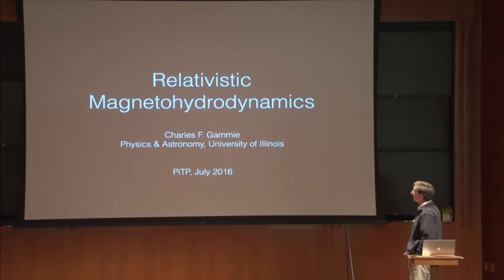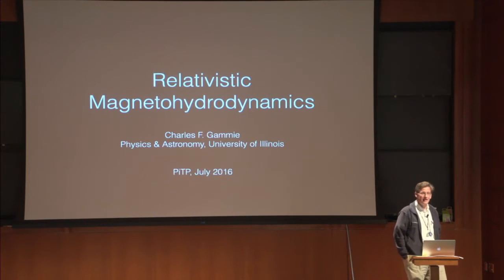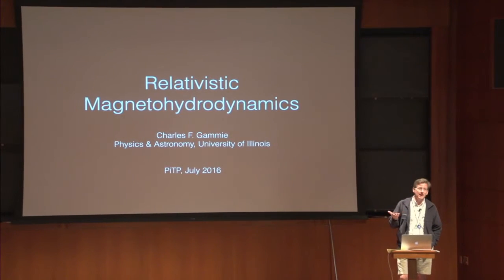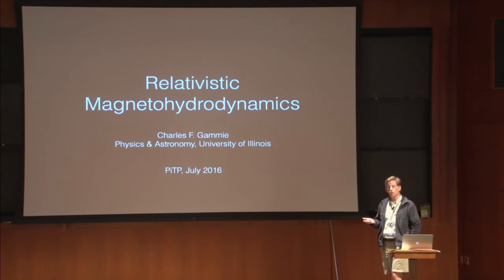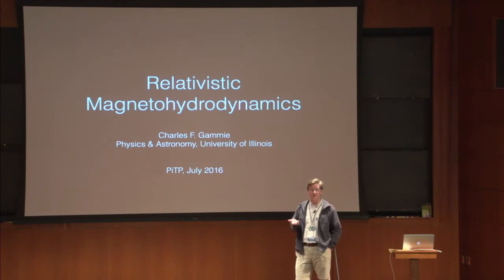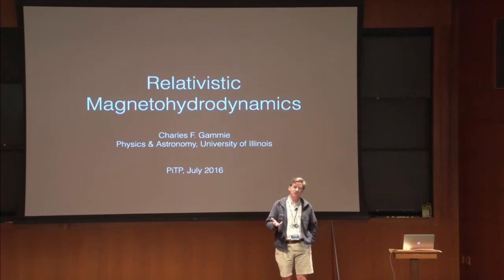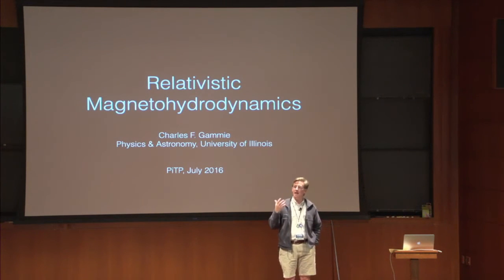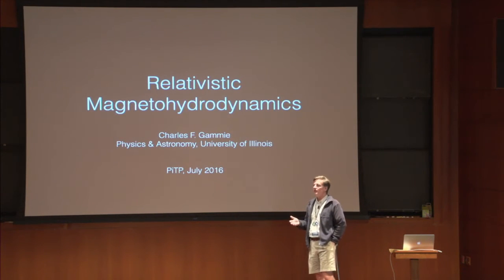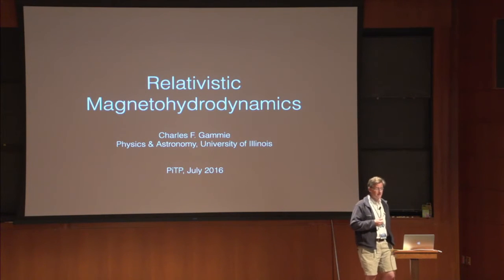The assignment in this lecture is to talk about relativistic magnetohydrodynamics, and I'll try to give you a sense, for those of you who are not working in relativistic astrophysics at the moment, of what the basic equations are and how they're solved, and what variables we use to describe a relativistic magnetized fluid.